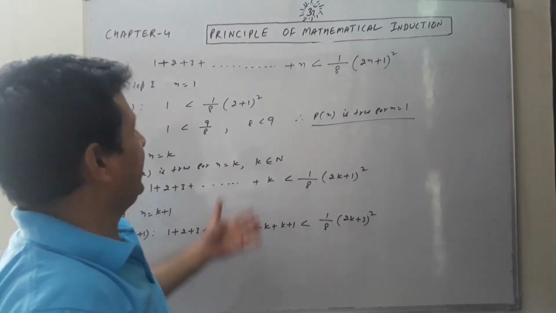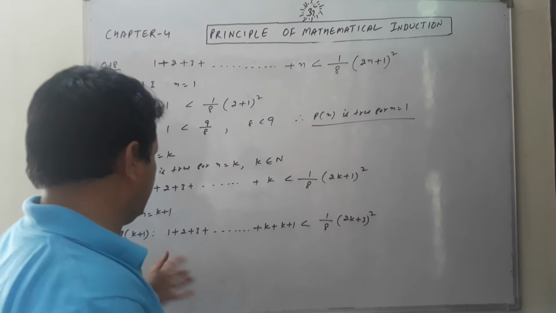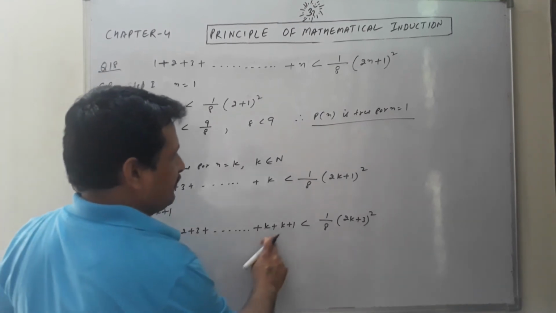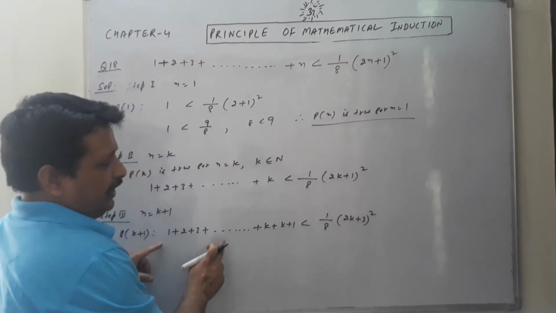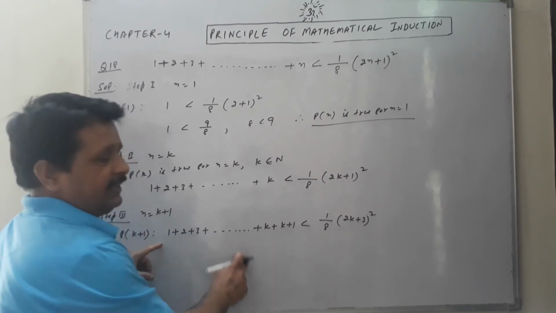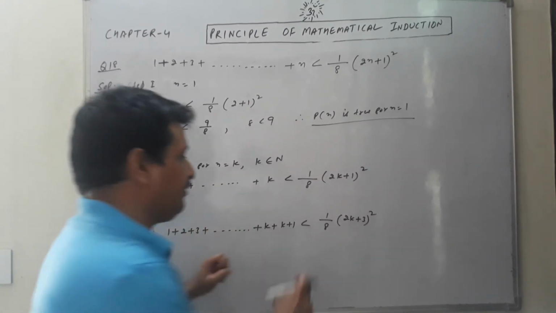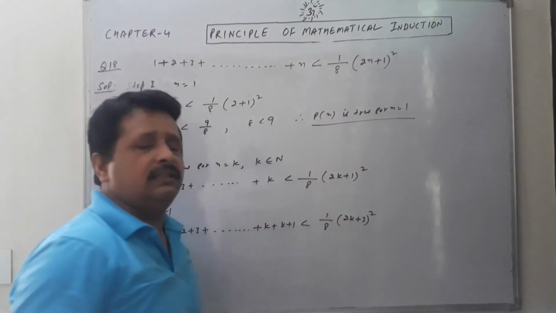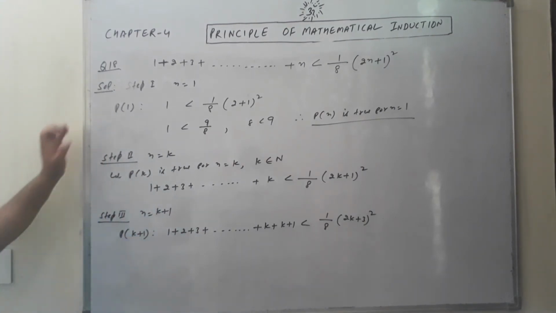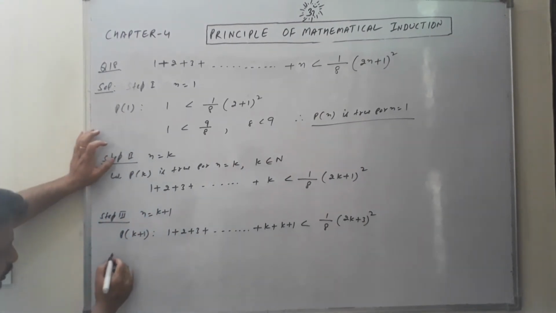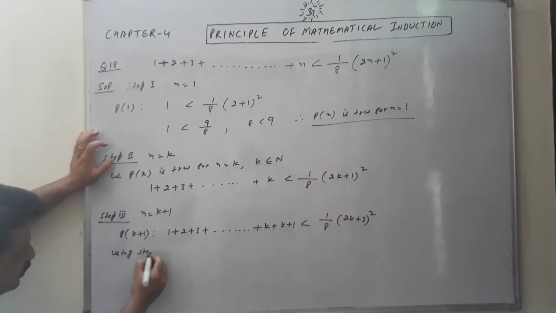But in the earlier questions, students, what we were doing was using step number 2, directly putting its value here, and we were getting the answer. But wherever an inequality sign is there, these are a different type of question. What we are doing here is using step number 2.